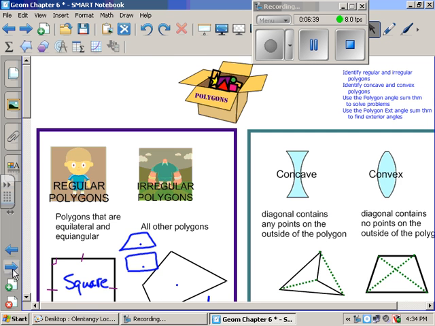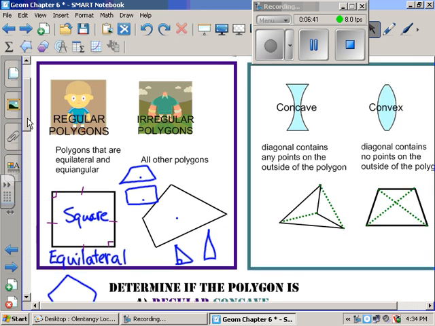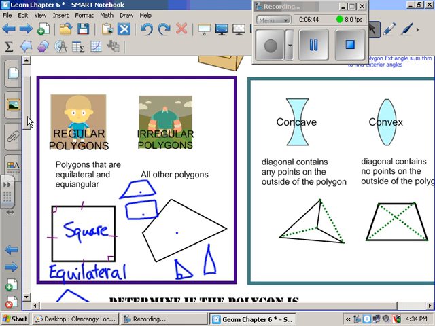The other way to think about a polygon is either concave or convex. And it means just like it does in science, convex means all the angles are pointing out. And another characteristic of a convex polygon is that when I draw diagonals, which remember join non-consecutive angles, they all occur inside the shape.